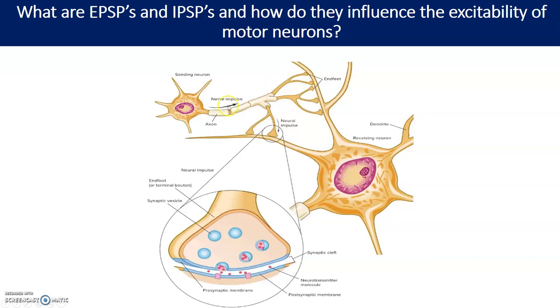nerves. You can see this nerve here is going to send action potentials down its axon, which then converge onto the dendrite of another neuron, and those will release neurotransmitters. Most of the time, if we're talking excitatory, acetylcholine, which will diffuse across the synaptic cleft, bind onto receptors on the neighboring neuron, and cause either positive ions to flow in or negative ions to flow in, to make it either positive or negative.